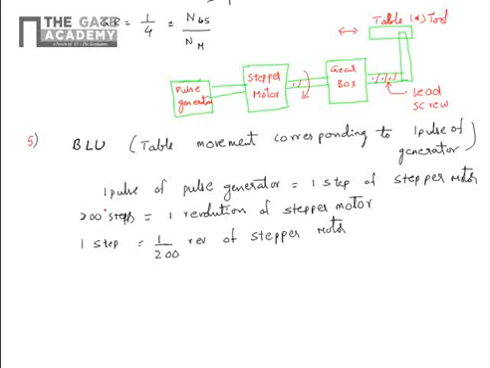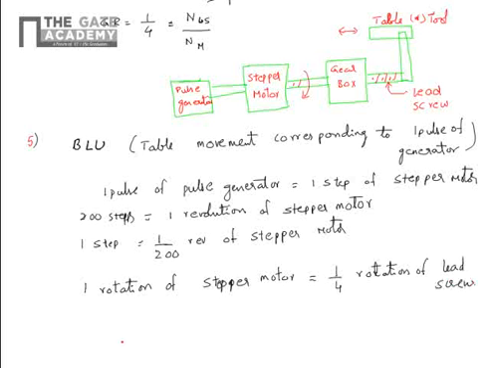From the gear ratio, for one rotation of the stepper motor, the lead screw rotates only 1 by 4th.